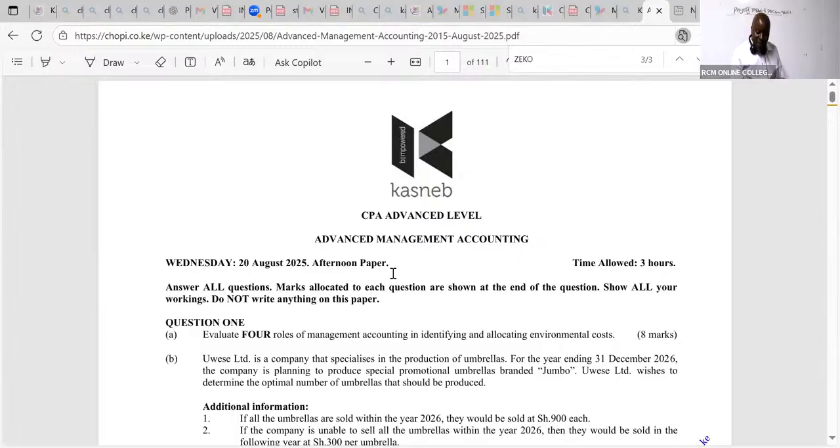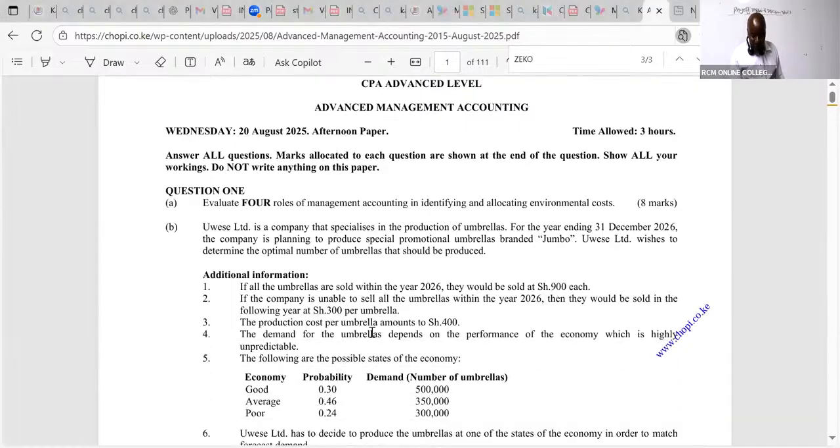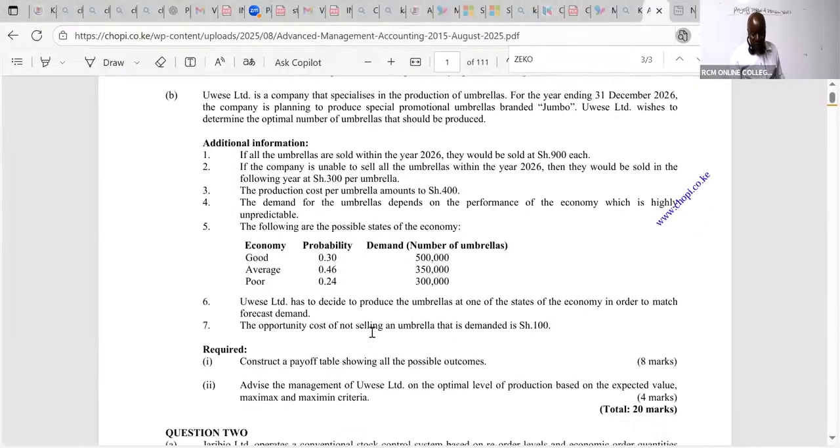Those guys who are discussing LM, focus here. Let's focus on this first. LM is at 8 p.m. It's far away. So you start by reading the requirement: construct a payoff table showing all the possible outcomes. Advise the management of Yu Limited on the optimal level of production based on the expected values. Really, this was a very easy question, but over 80% of the students never got this right.